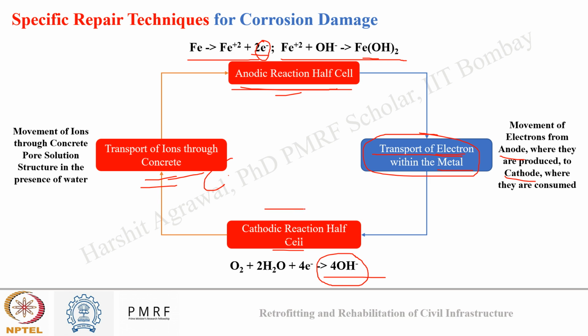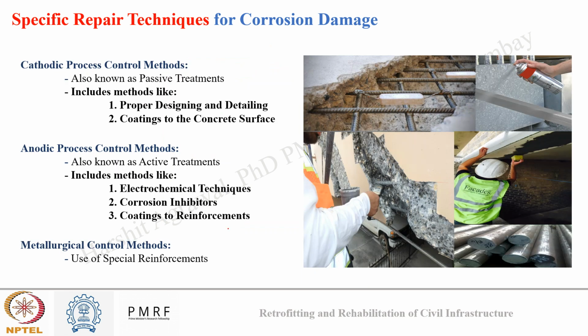Okay, so based on this, corrosion control is divided into three categories. Cathodic process control method, which is also known as passive treatments because these are applied outside the steel. This includes methods like proper designing and detailing and coating on the concrete surface.